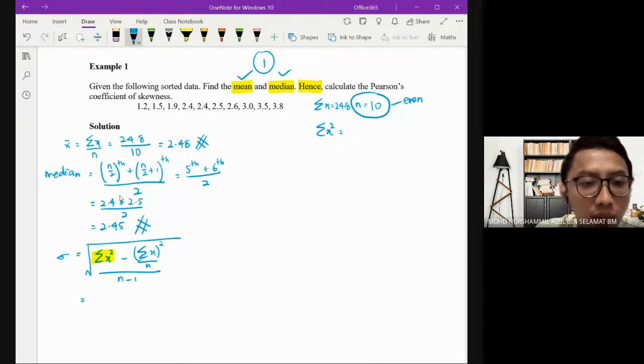DHT 07. Calling for Fahimah. I'm here, madam. Fahimah, what is the sum of x square? Oh, the internet is slow.